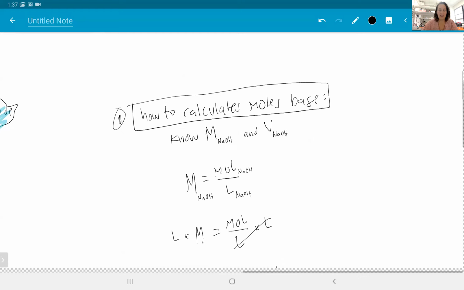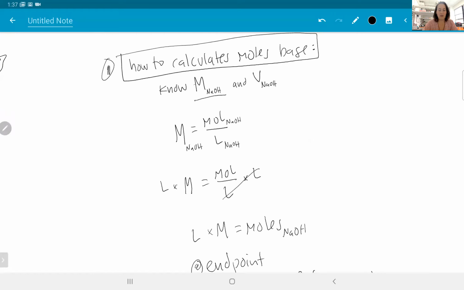So how do we calculate the moles of the base? Again, you know the molarity and you know the volume. The volume from your burette is going to be in milliliters, so you have to convert that into liters because the formula for concentration is moles over liters.